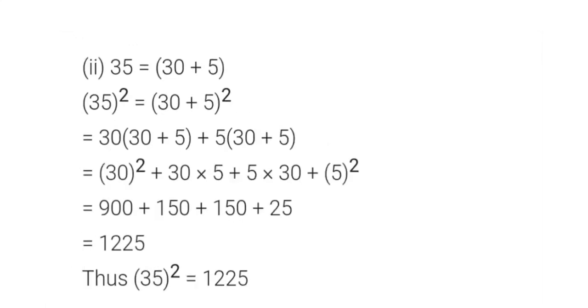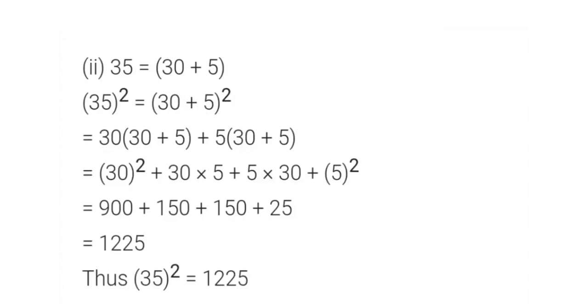Next one is 35. So this 35 we can write as 30 plus 5. So one time 30 we will multiply by 30 plus 5, and then 5 we will multiply by 30 plus 5. See here 30 in bracket 30 plus 5 and plus 5 in bracket 30 plus 5.